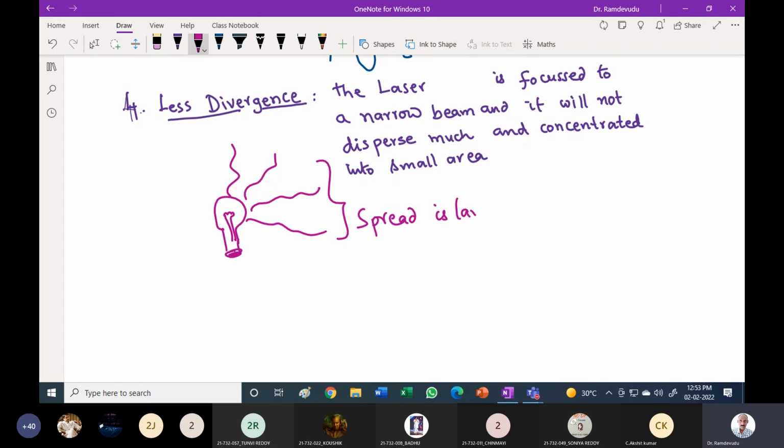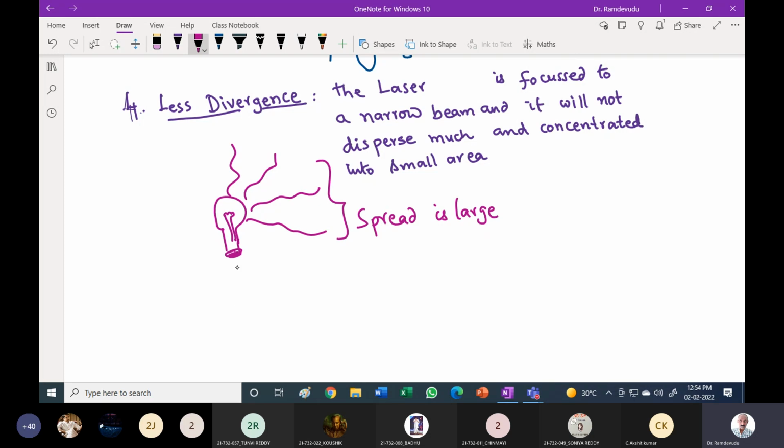Even if you take the sun, or any other lamp like a tube light, a sodium vapor lamp or mercury vapor lamp, they are not coherent sources. They are incoherent sources. So light spreads. If you switch on a bulb or a tube, the light will be spread in the given room, and it is not concentrated. Because it is not concentrated, the occupied area is very large, therefore intensity is less.